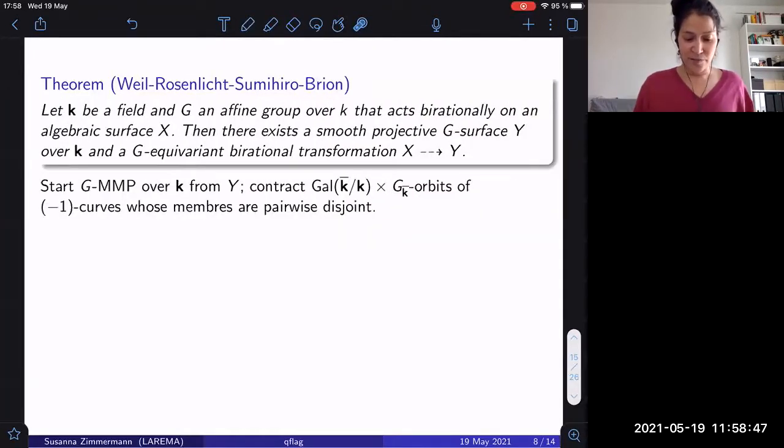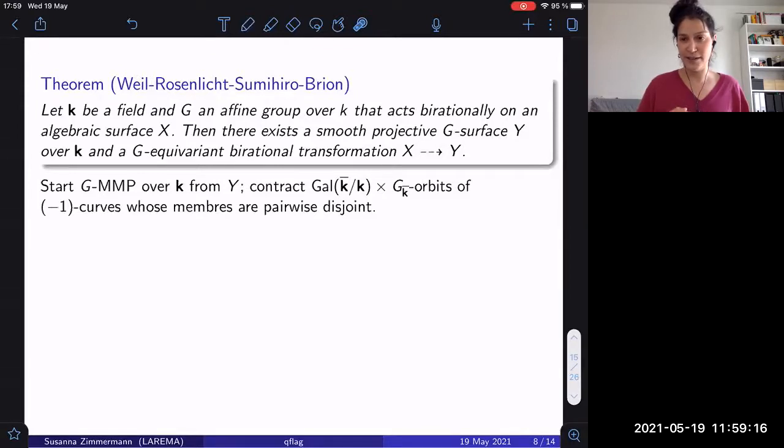So now that I'm on a projective smooth model of my variety X, it's a very complicated surface. I'm going to start the minimum model program from it to get a minimum model. And I'm going to do this over K, over my field, and G equivariantly. Since I'm over a perfect field, this just means I can run the MMP, but I only contract orbits.